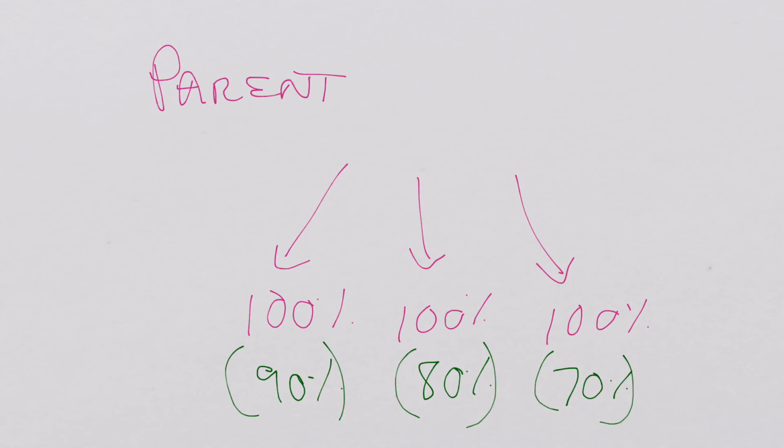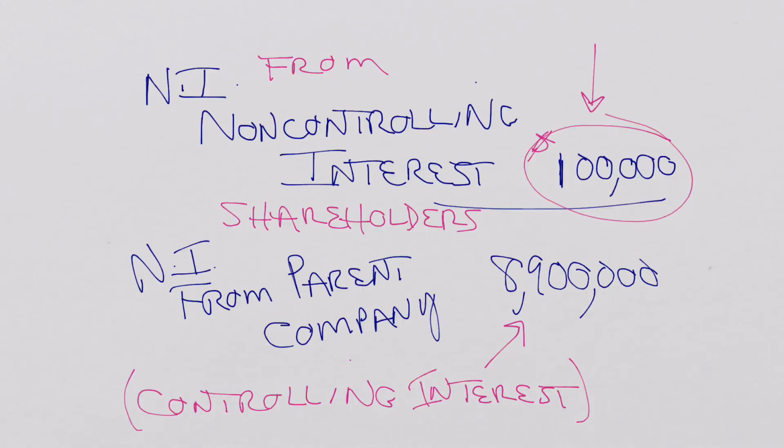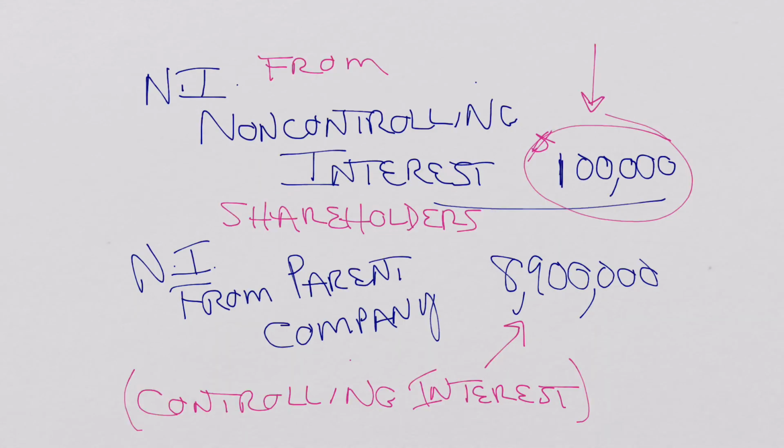But in the consolidated statement, they show 100% of the results of operation, and that's why this line is called net income from the operations consolidated, back up to this name, consolidated, and that's why they pull out the non-controlling interest share in order so the reader would know that, okay, yes, $9 million is the net income here from the consolidated total of what the parent company controls, but really, the amount of income that the parent company made, meaning the controlling interest, is 8.9.